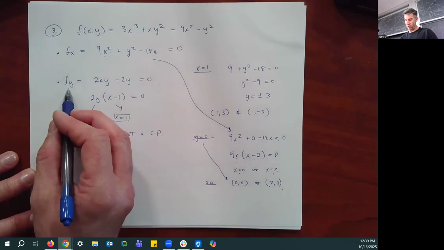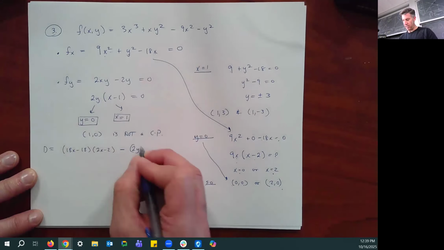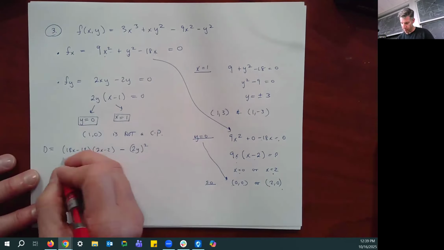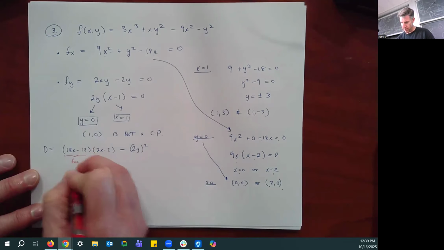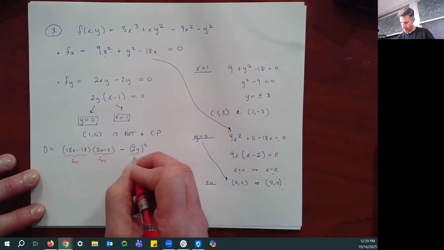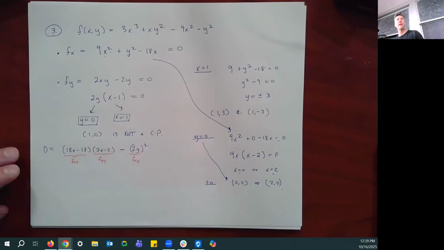Our fyx is also 2y. It's not a bad idea to check that your fxy and your fyx do match, because they should match. I think it might be helpful to label these. Just as a reminder, this is our fxx, this is our fyy, this is our fxy squared. Because later on, after we plug things in, we'll know what we're looking for.